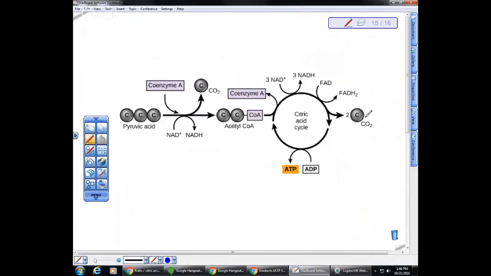And it is much, much more efficient than anaerobic production of ATP. So at the end of cellular respiration, we have maybe 38, or it depends upon the cells, but we could have 36 to 38 ATP being produced. And so we talked about how this is much more efficient than producing energy anaerobically.